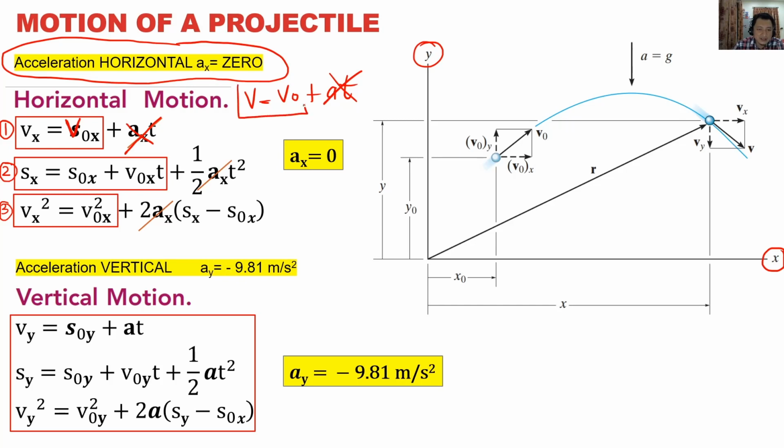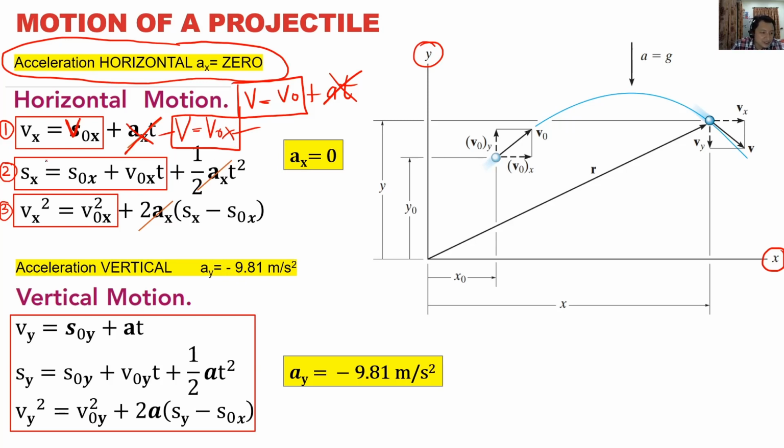So v is equal to v naught x. That's the thing. Original velocity is equivalent to final velocity, meaning if the linear velocity is 10 meter per second, final velocity linear is also 10 meter per second.